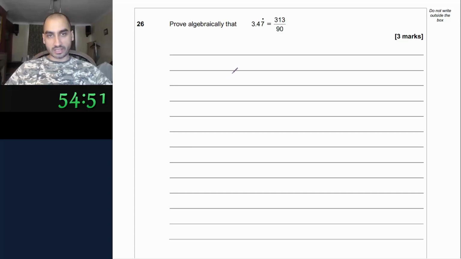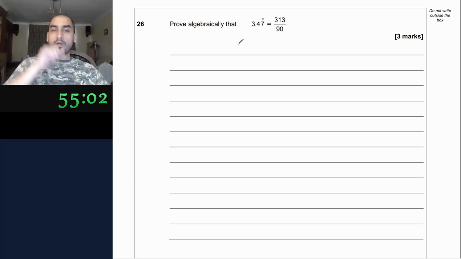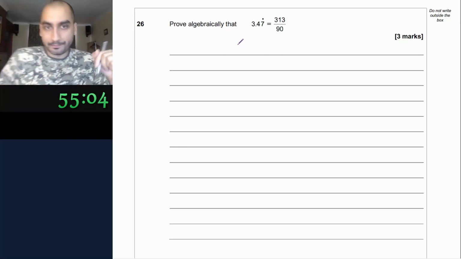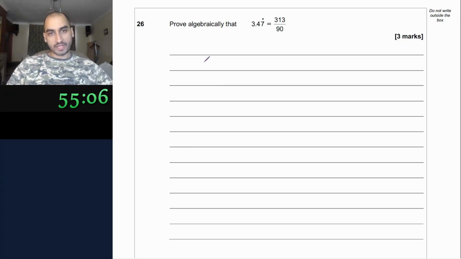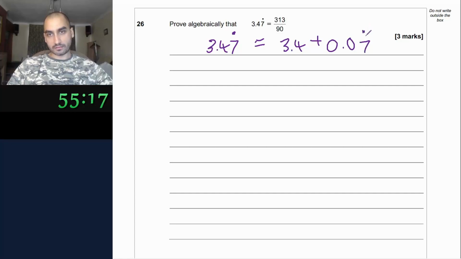Alright, prove algebraically that... Oh, it's recurring decimals, alright. How do you do these again? Maybe a better way of doing this would be 3.47 recurring equals 3.4 plus 0.07 recurring.